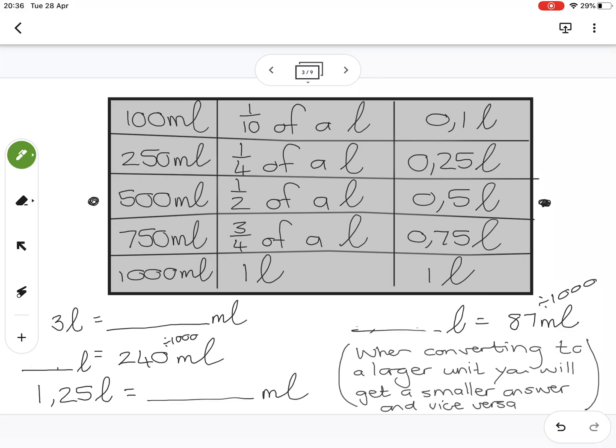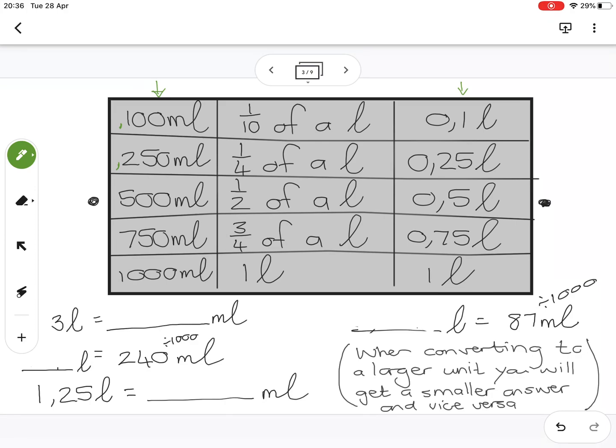So 100 milliliters will be 1/10 of a liter, and that's 0.1 liters. 250 milliliters, 1/4 of a liter, and that can be written as 0.25 liters. Are you noticing a pattern here? If you look at what's happening to the milliliters to become liters, you might see that each time you're basically putting a comma there. Right? That's basically what's happening. And then lastly, 1,000 milliliters will be a whole liter.